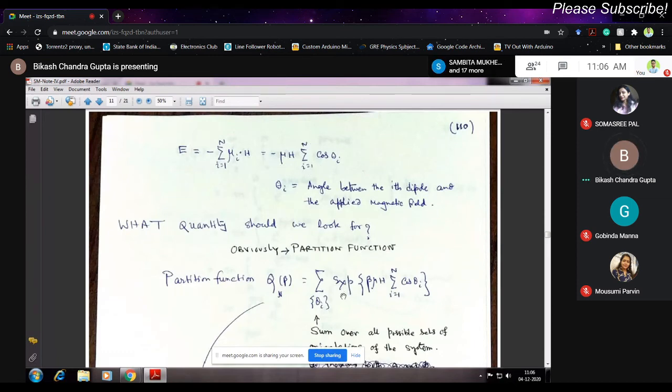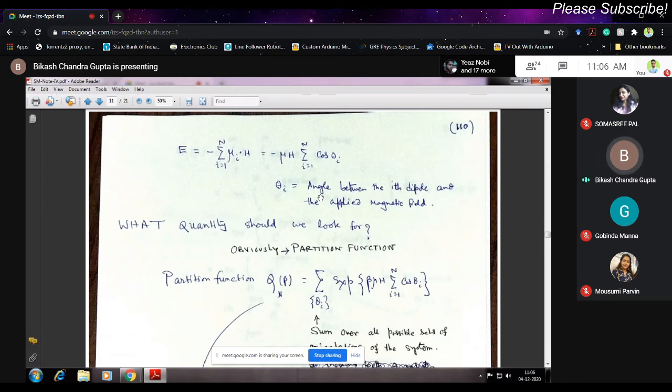For that, e to the power beta e is this, e to the power beta mu h sum over i equals 1 to n cosine of theta i. Now think that you can have yet another configuration where the thetas are different. For example, in the first configuration you have theta 1, theta 2, theta 3, theta 4 and so on. In the second configuration, you can have theta 1 prime, theta 2 prime, theta 3 prime, theta 4 prime.